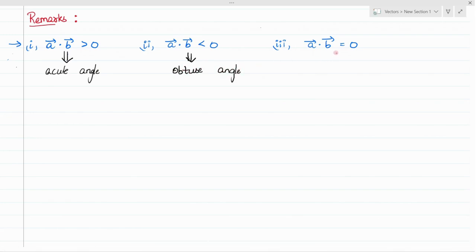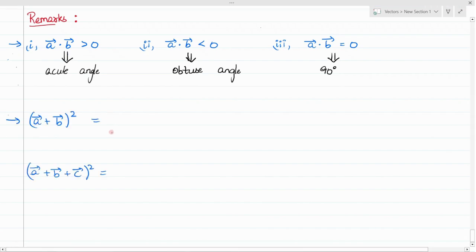Next, a dot b is equal to 0. It means cos theta is 0, which is nothing but two vectors are perpendicular to each other. So the angle over here will be 90 degrees.